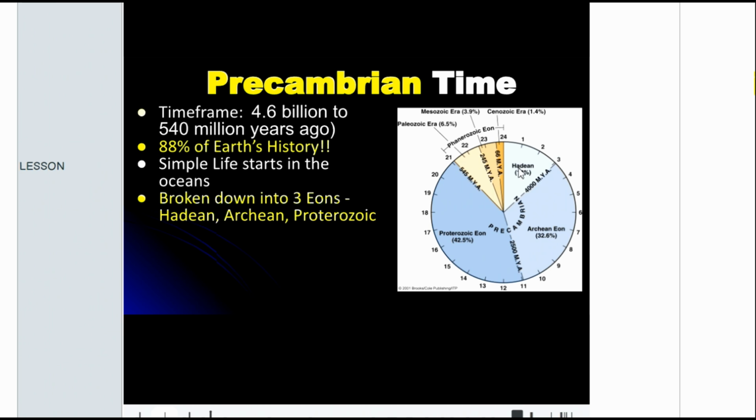Hadean is going to be mostly formation of the Earth. Archaean is going to start differentiating when we start getting the continents forming. Towards the end, we're going to start having some single cell life in the oceans, and they're going to start doing photosynthesis, and then we'll start getting more complex life here at the border of the Archaean and the Proterozoic.